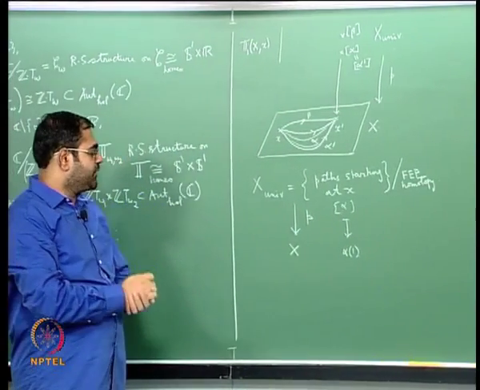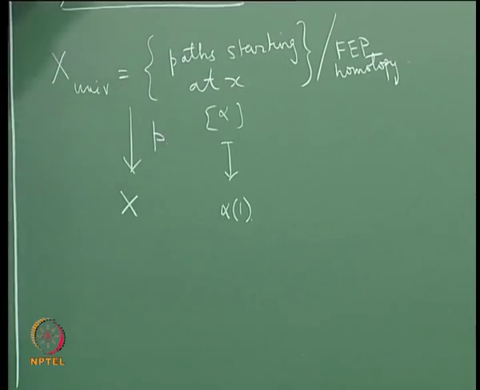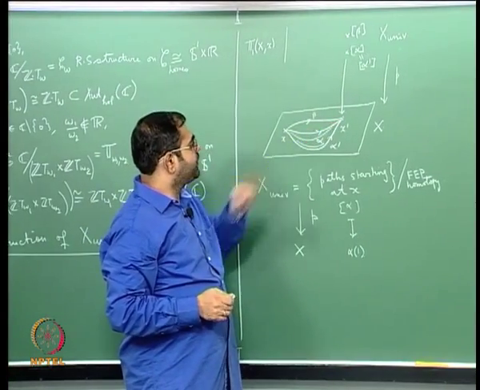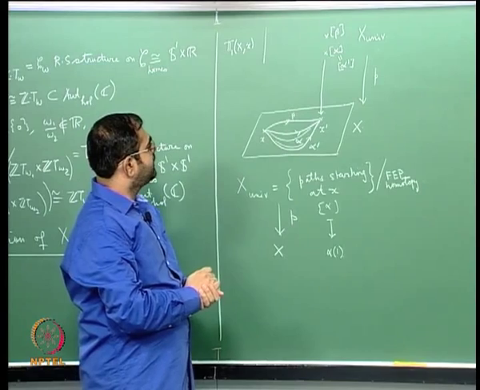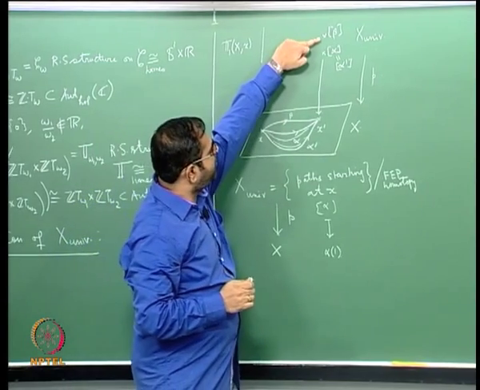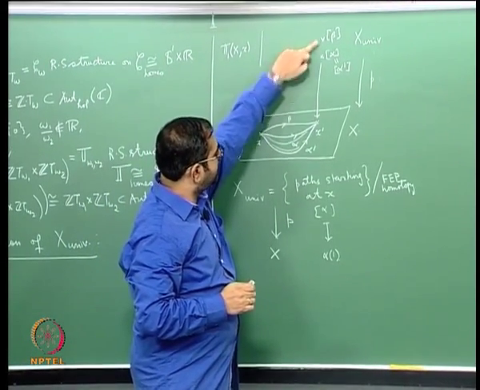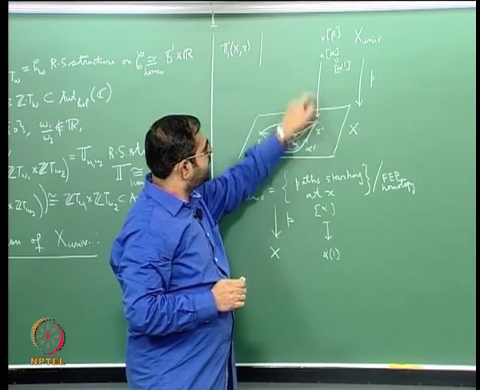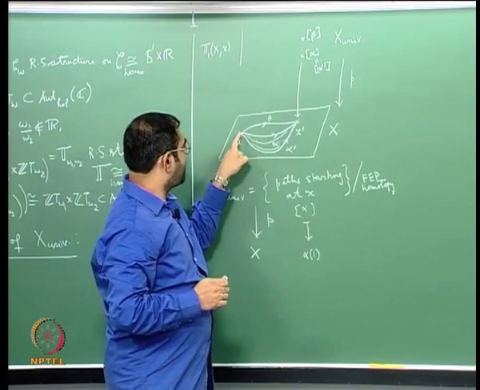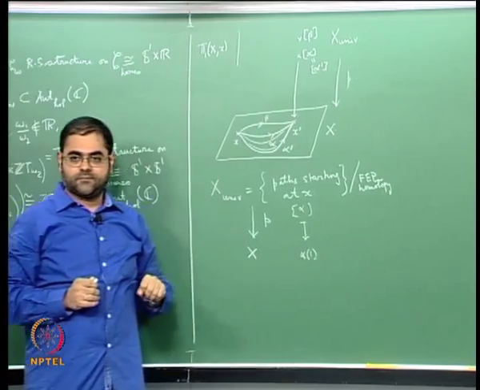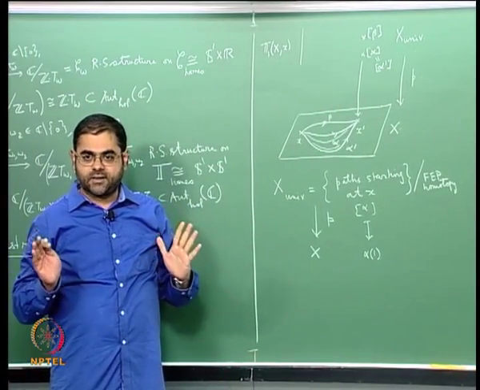Okay, so that corresponds to this diagram here. A point above lying over a point below is just the homotopy class of a path from x to that point below. Okay, fixed endpoint homotopy class, right.